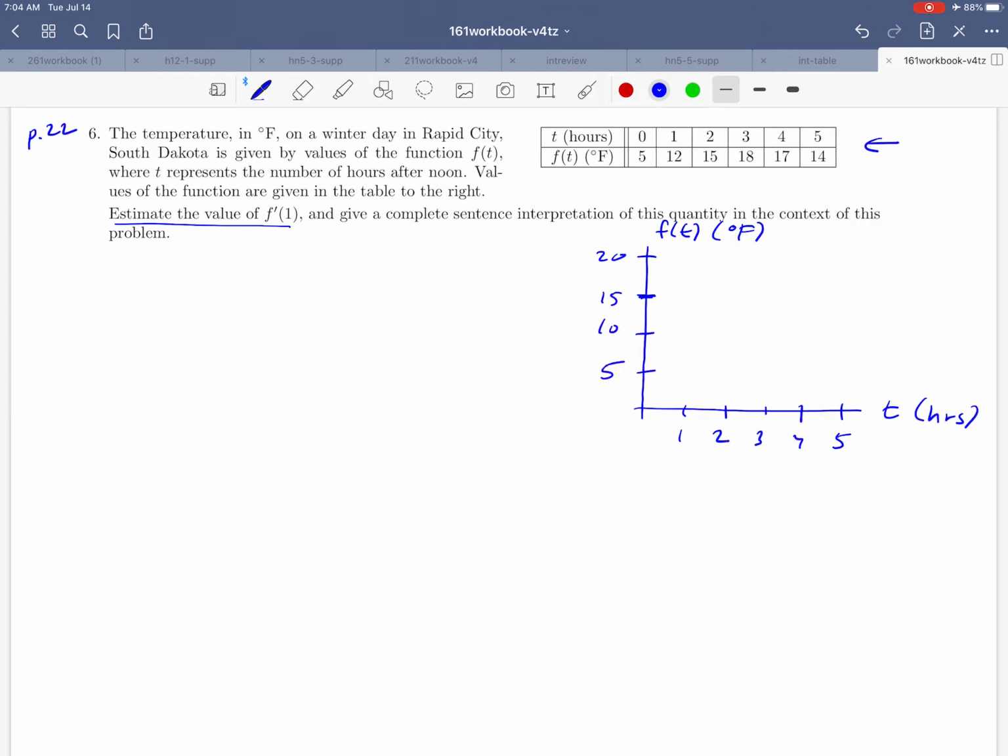Okay, I'm going to plot these points one by one. So starting with 0, 5, that point would be about here. And then 1, 12, maybe that's about here. 2, 15, 3, 18, 4, 17, and then 5, 14.